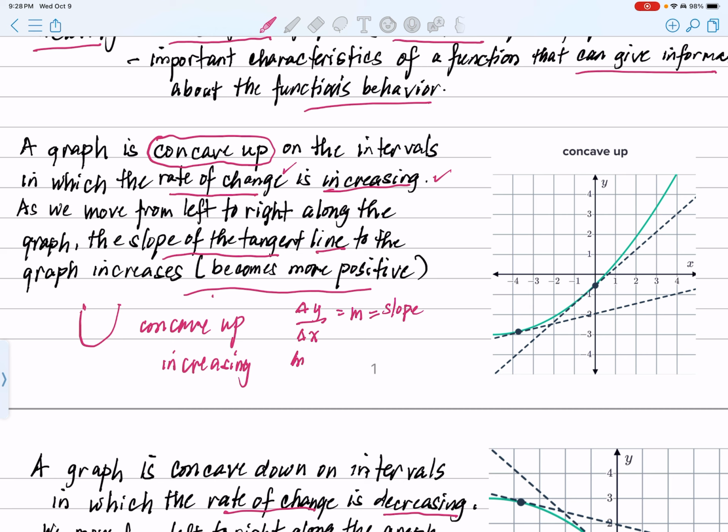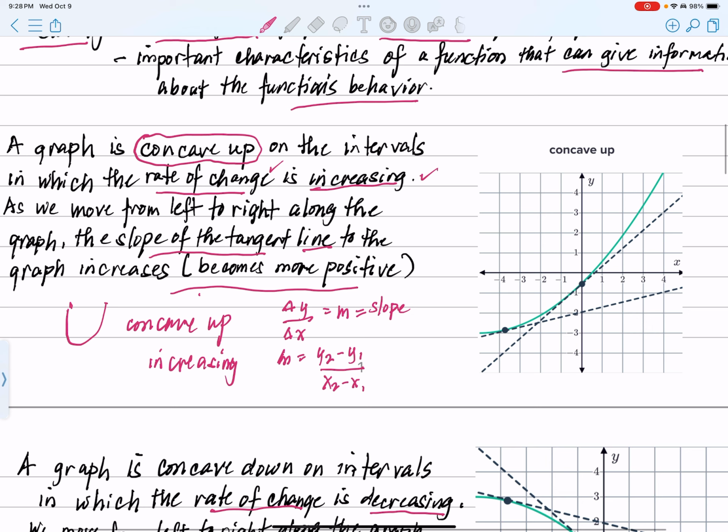That is y2 minus y1 over x2 minus x1. That is how we will know that the rate of change is increasing, or that the slope of the tangent line to the graph increases.